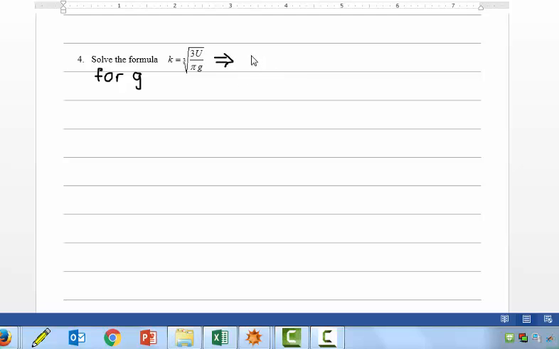So since the index is 3, I'm going to raise both sides of the equation to the third power. The radical is already isolated. So once I isolate the radical, I always raise both sides of the equation to the power that is the same as the index.